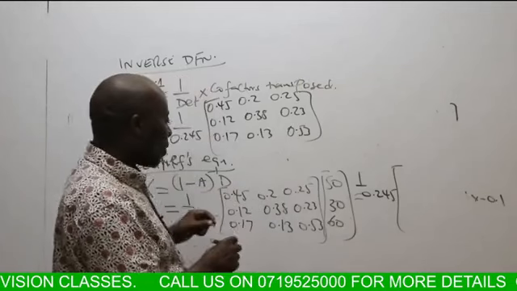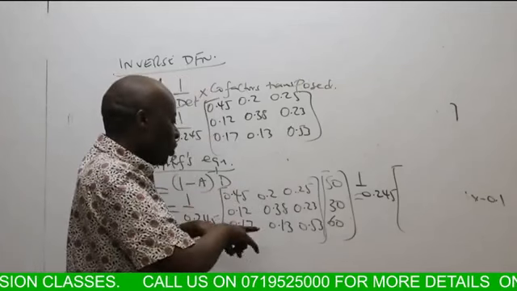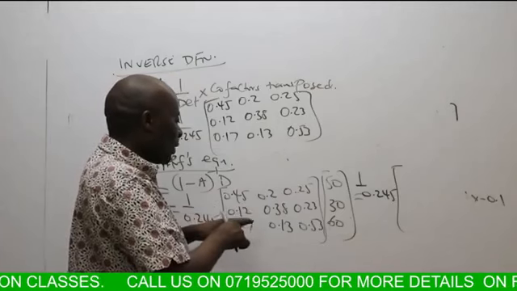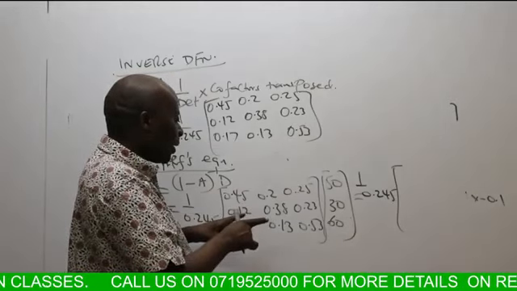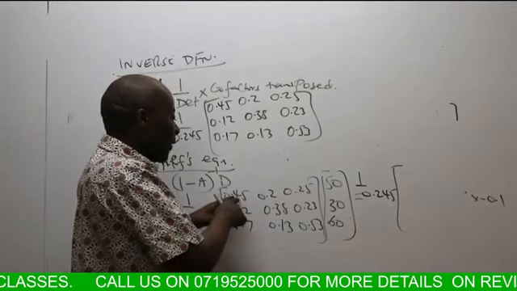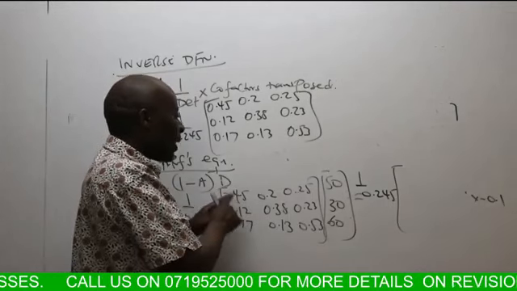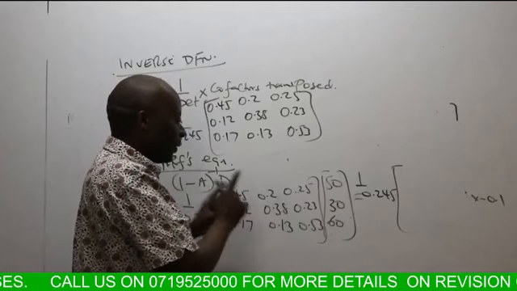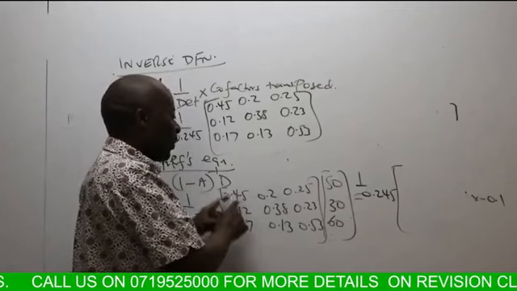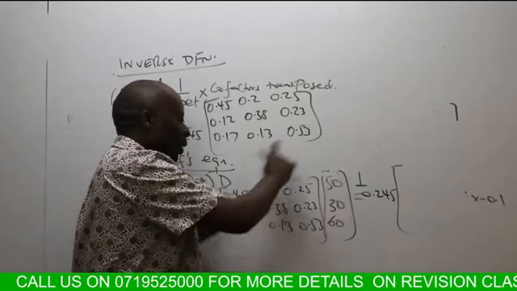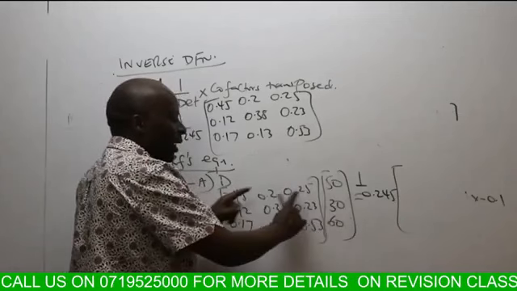Please make sure that you are not hanging on one number alone. You'll get somebody saying 0.45 times 50 plus 0.45 times 30 plus 0.45 times. No. It is 0.45 times 50. First one's multiplied, plus second one's multiplied, plus third one's multiplied.